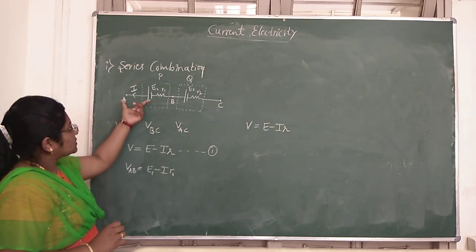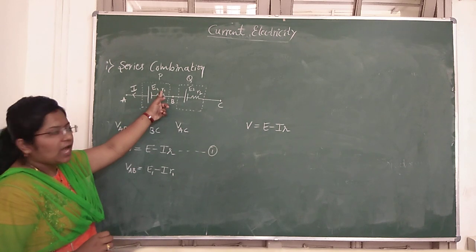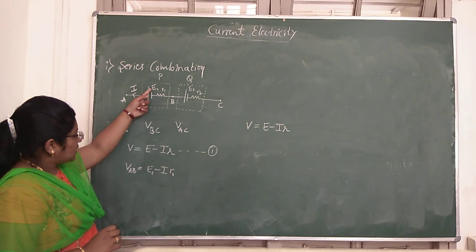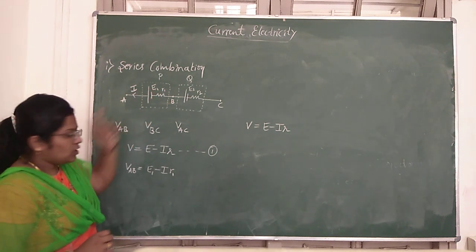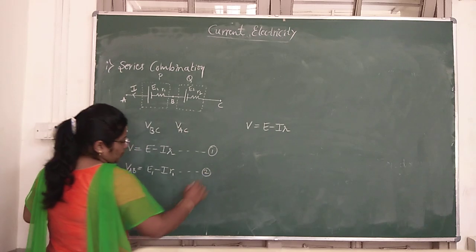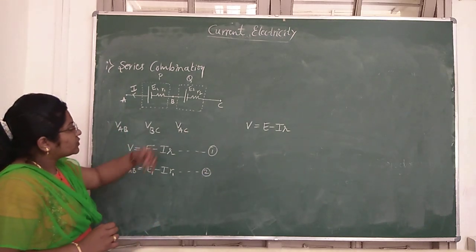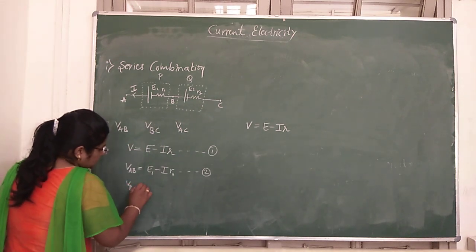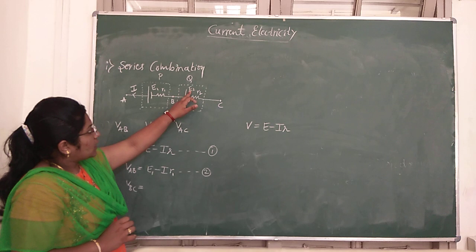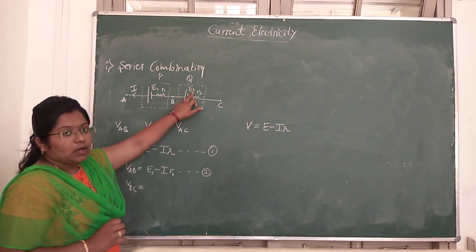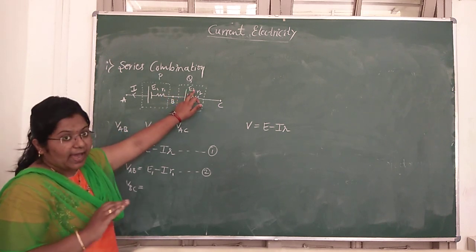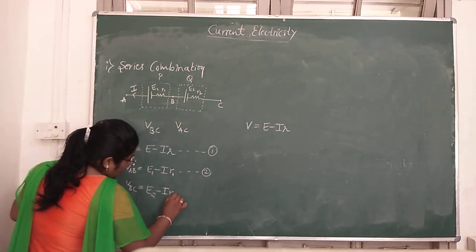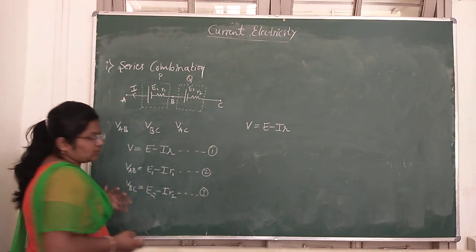Yes or no? See here, between A and B we have E1 and R1. Applying this equation here, VAB is equal to E1 minus I R1. Call this equation number 2. Now, what is the potential difference between the points B and C? VBC is equal to E2 minus I R2. I is the same, hence it is E2 minus I R2. Call this equation number 3.